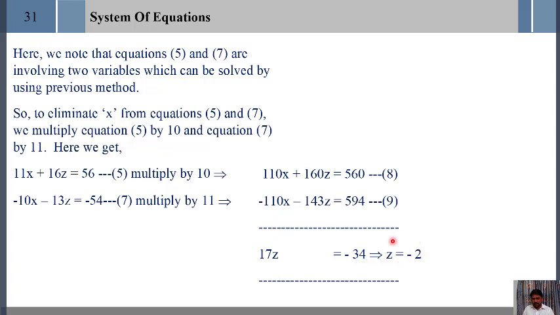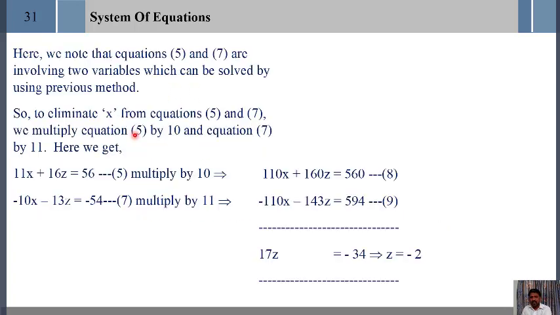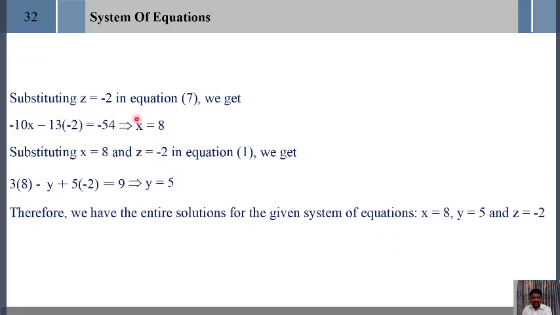Simply substitute z equal to minus 2 in either of these equations, then we can find the value of x. Now we have found z equal to minus 2 and x equal to 8. Simply substitute x equal to 8 and z equal to minus 2 in any one of the given equations.